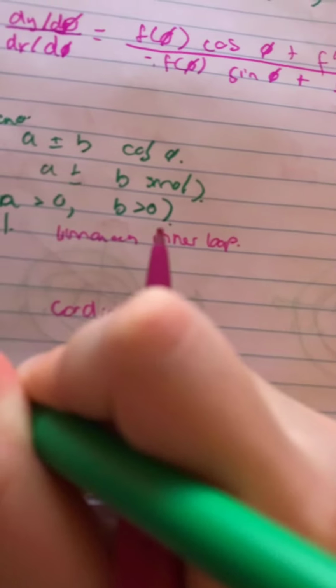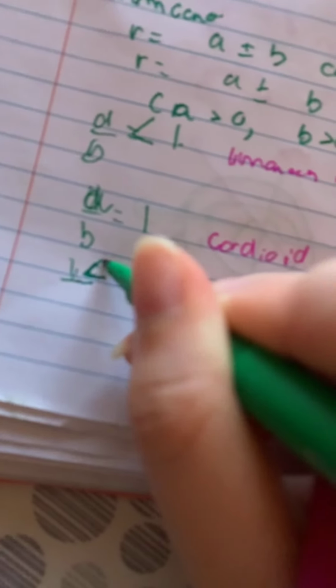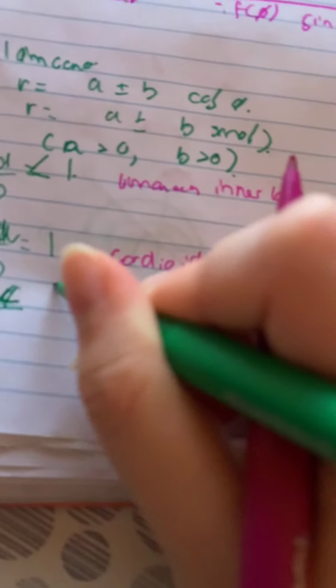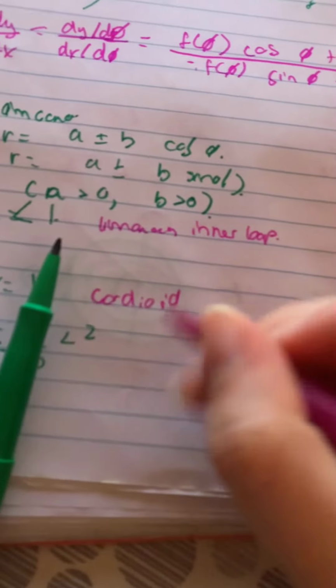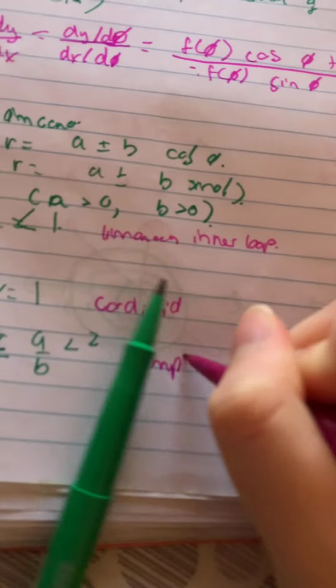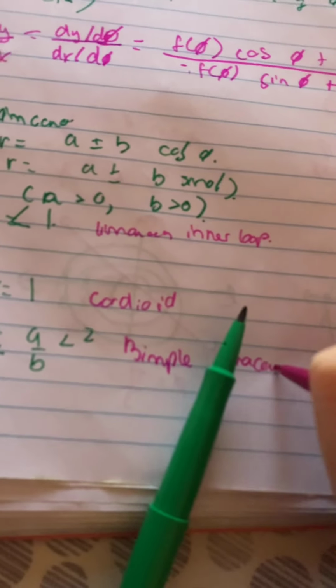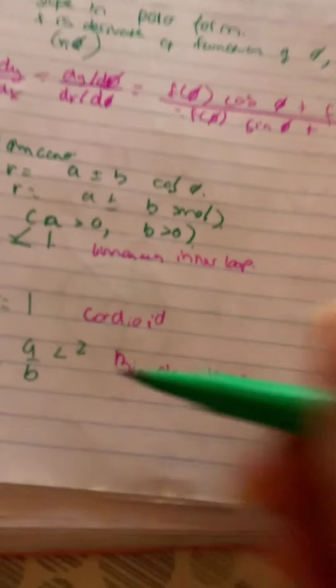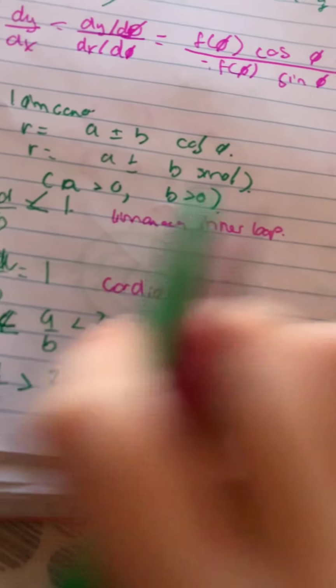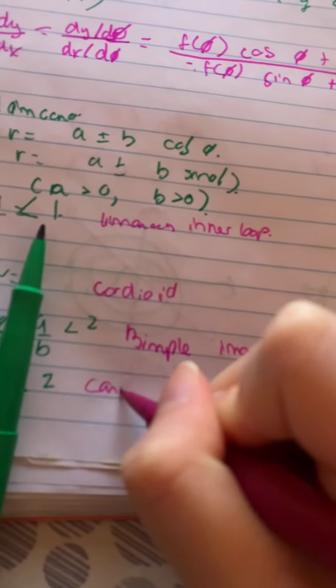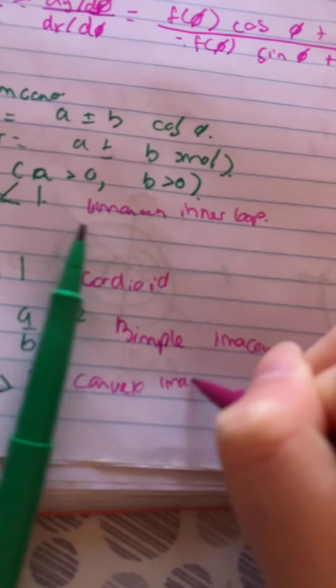And what if we have a over b between 1 and 2? This is a dimpled limaçon. And then we might have a over b bigger than or equal to 2. This is a convex limaçon.